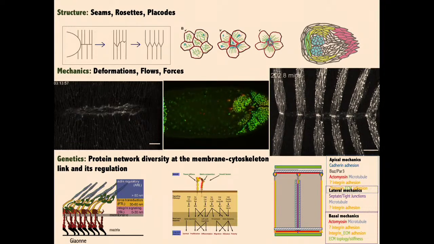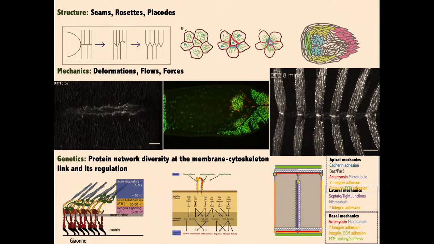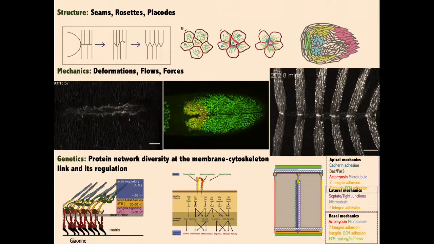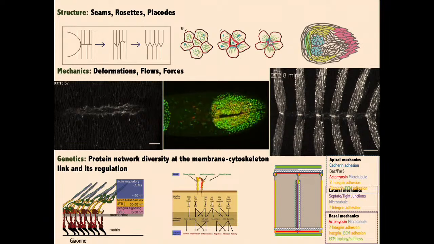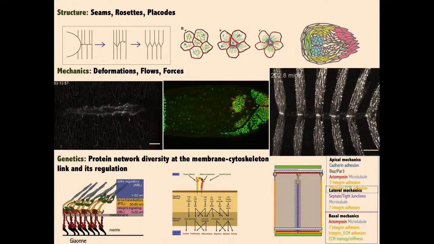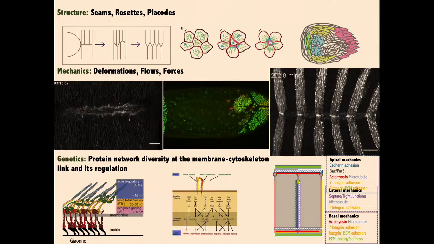And we believe, like architects and other people believe, that this sort of seam likely has a greater mechanical stability than something where you just have two cells meeting head on like that. The other pattern we explore is the formation of a rosette.